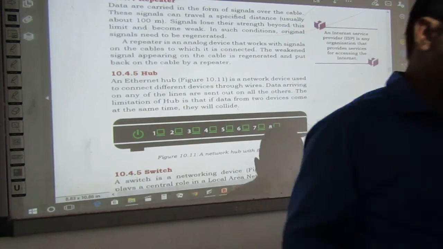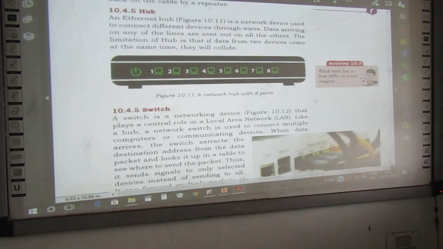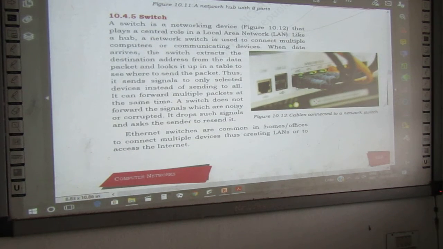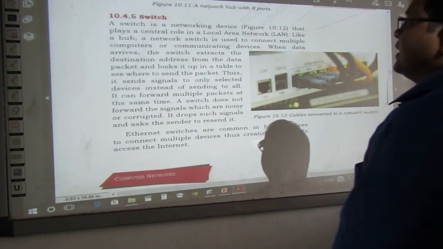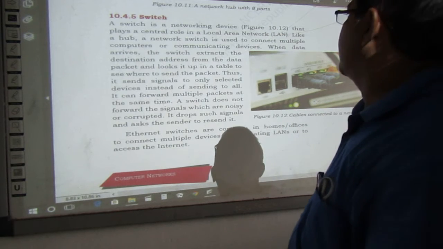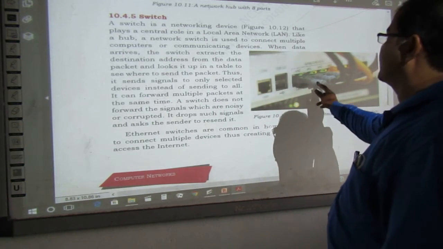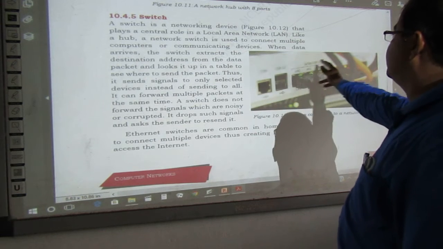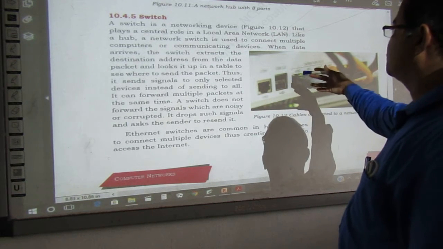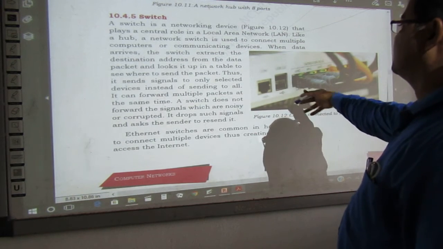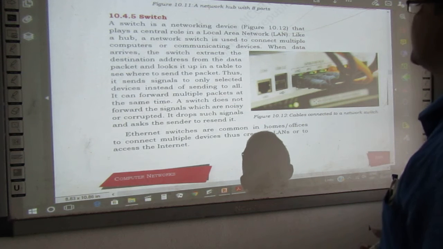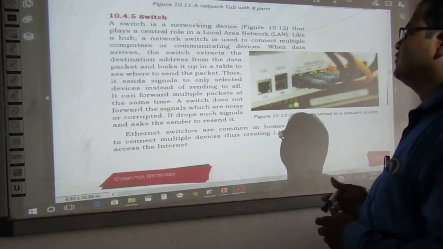Then come to the switch. The switch is a networking device that plays a central role in a local area network. Like a hub, a network switch is used to connect multiple computing devices. When data arrives, the switch extracts the destination address from the data packet and looks it up in the table to see where to send the packet.